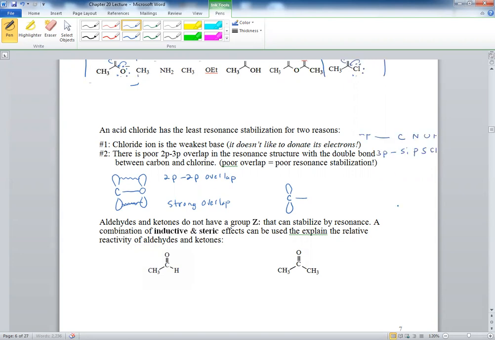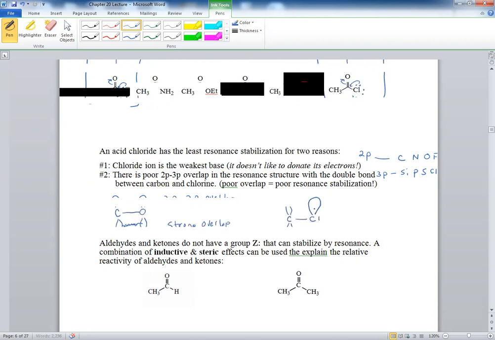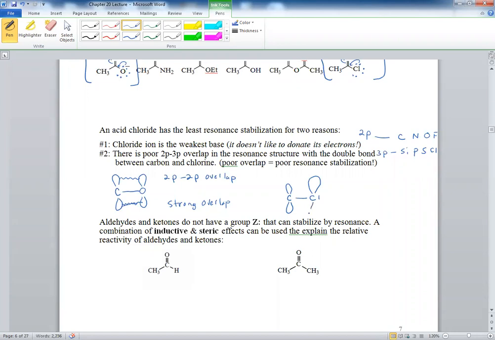Back to GenChem, the valence orbitals here would be in the third valence shell. So if you have Cl, it would be huge in comparison. So this is a 2p, 3p overlap. This is a poor overlap.